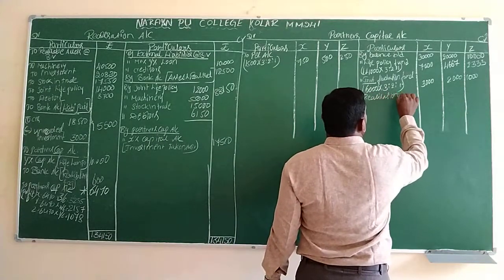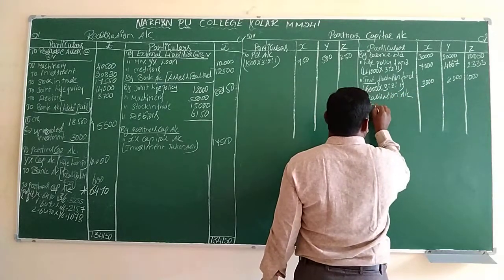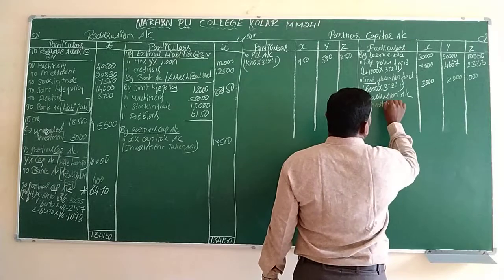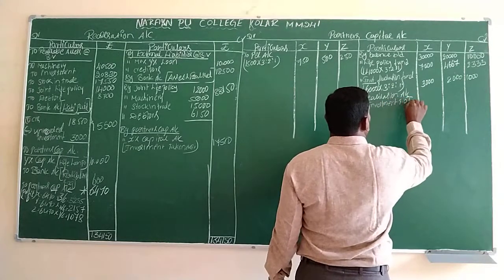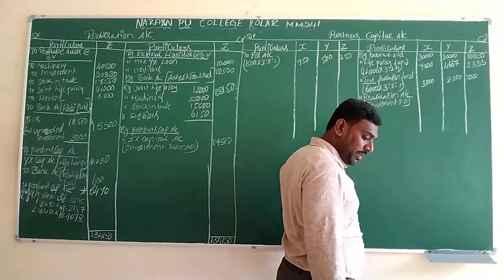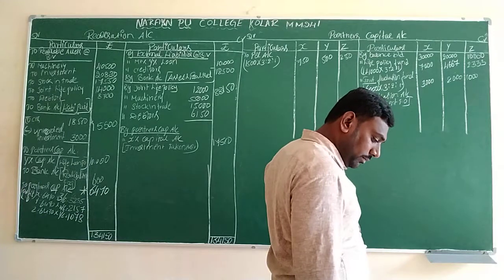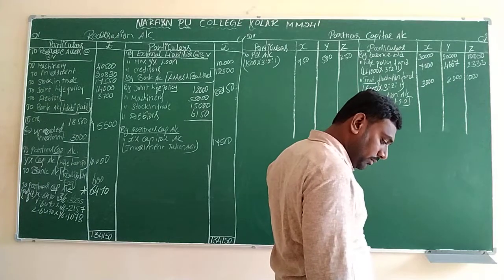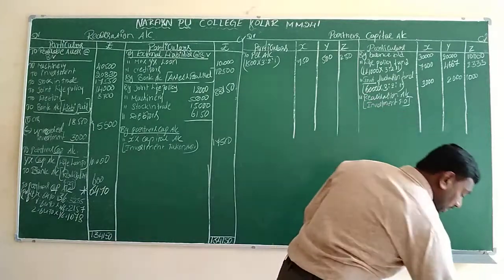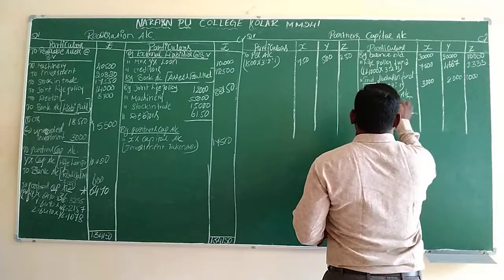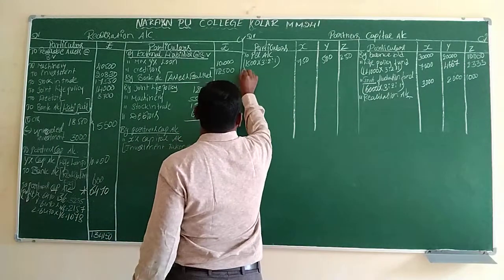By realization account. Why we should write this value? Investment taken over. Who is going to take on the investment? So partner, so here not only investment, asset taken over, it will come to the debit side.